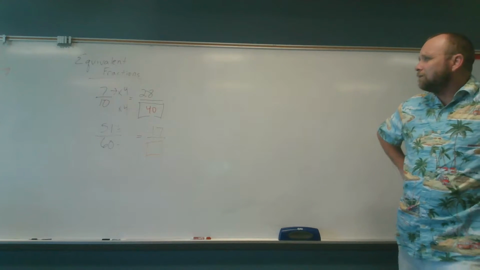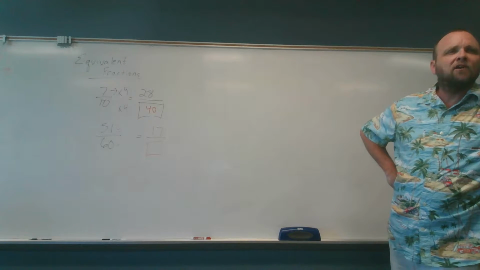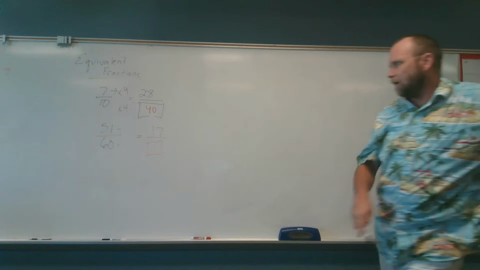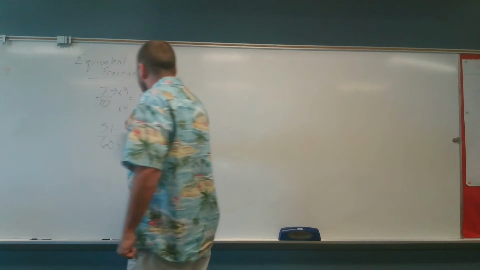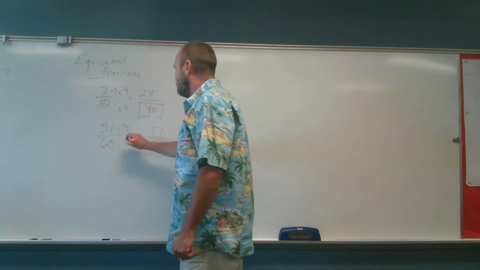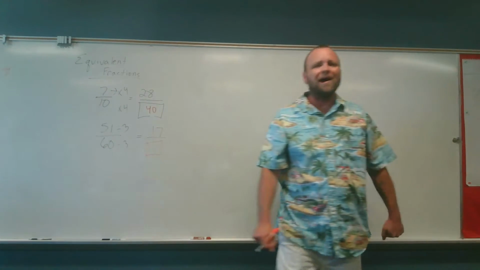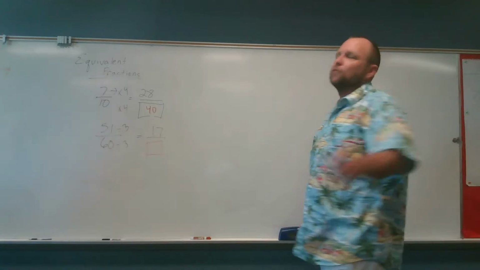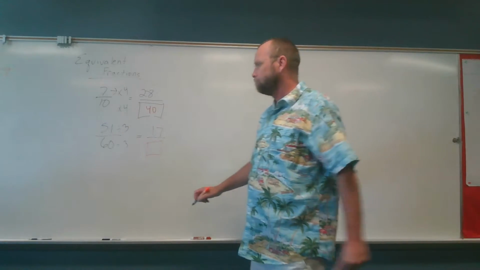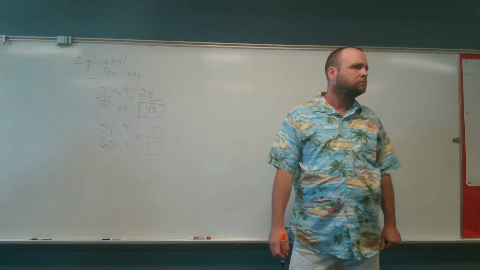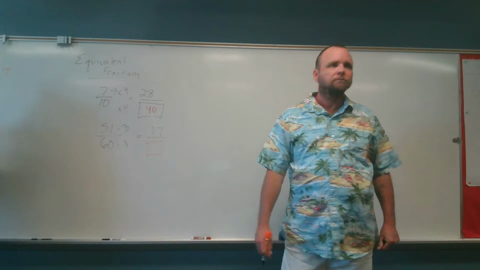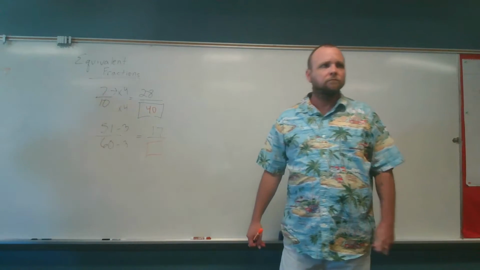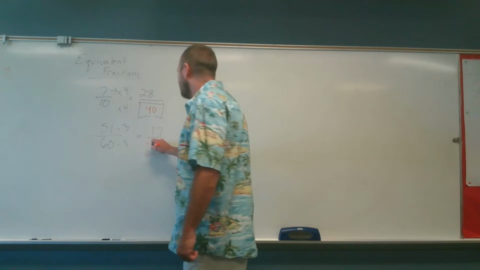So 51 divided by what gives us 17, Ari? 3. 3 is correct. 51 divided by 3 is 17. If I do that to the numerator, I have to do that to the denominator. So 60 divided by 3 is what, Bea? 20. Really good.